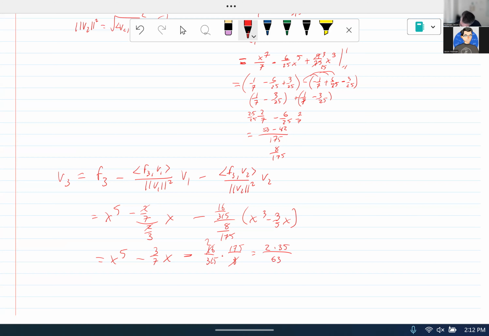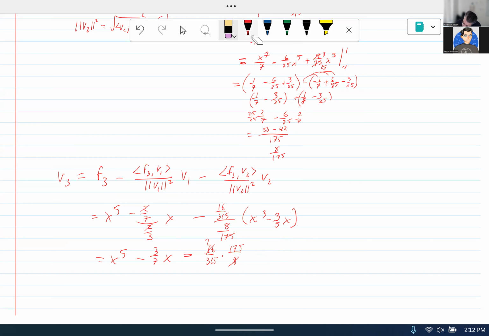So yes, 35 contains 7, and so does 63. So I can divide the top by 7, that's 5, and the bottom by 7, that's 9, and that becomes 10 ninths.